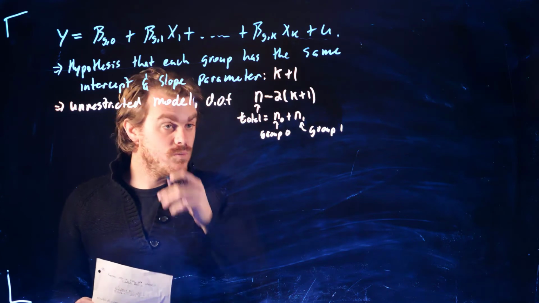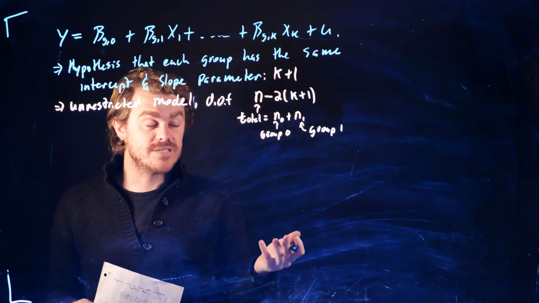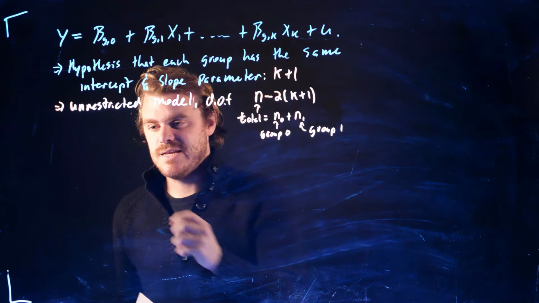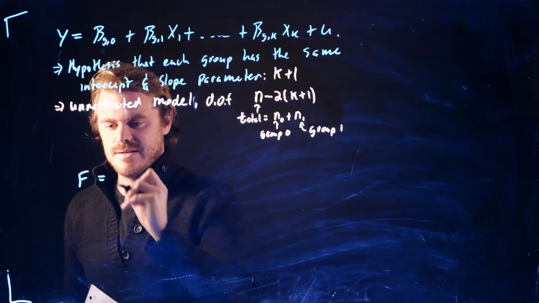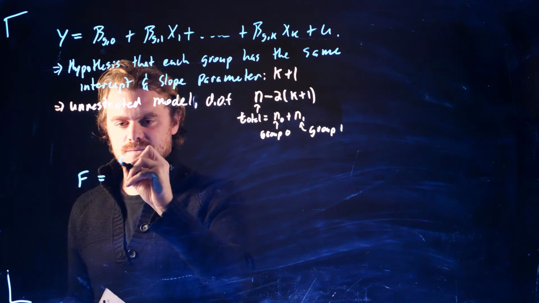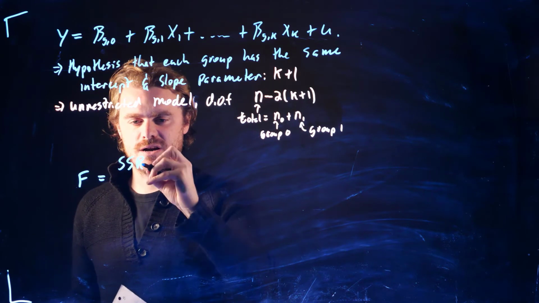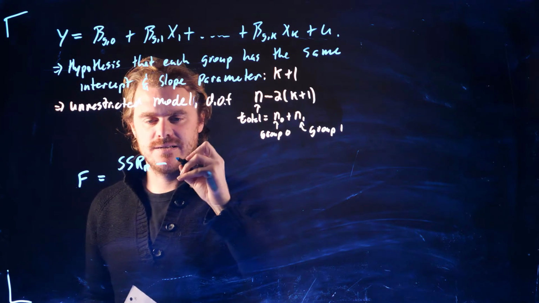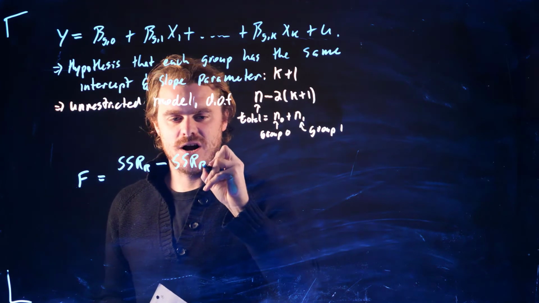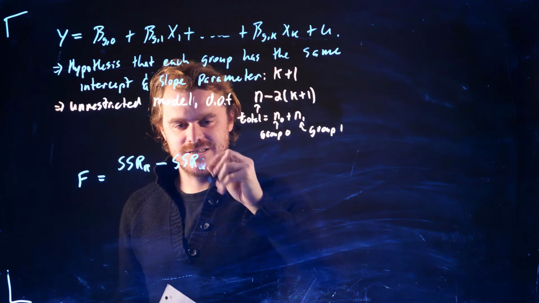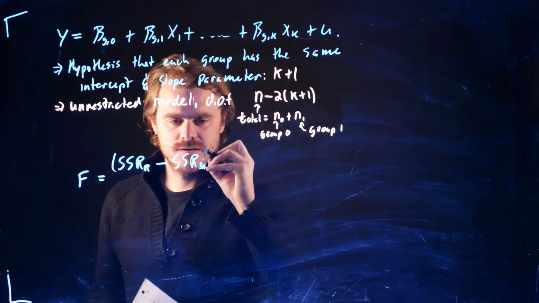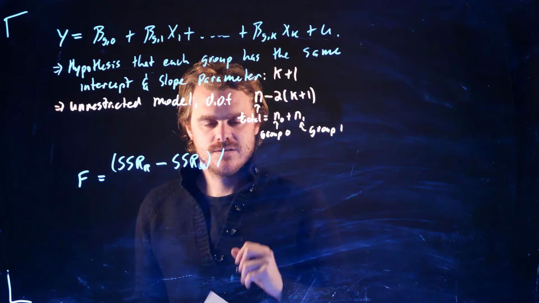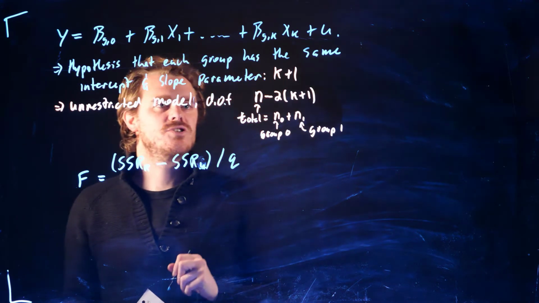All right, so we would know if this was just a regular test, we know we need to do an F-test, and we know what the F-test looks like. You could do the SSR version. It's the SSR of the restricted minus the SSR of the unrestricted, over Q, where Q is the number of restrictions.